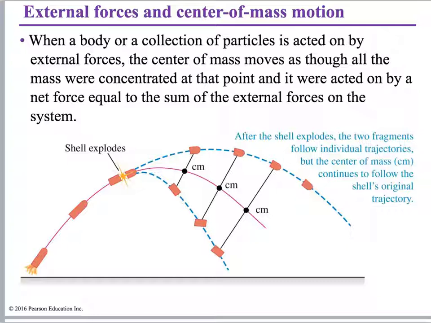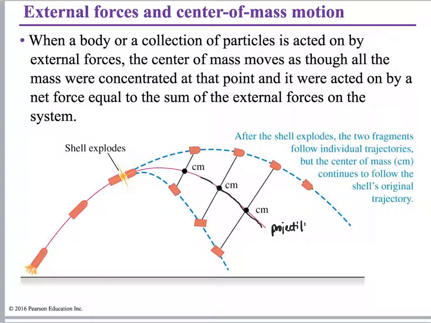Here we see a picture of this. We have a shell that's shot into the air. Notice it's going to take what we would imagine to be a projectile path. This is the path of the center of mass, the pink. But at some point it explodes. Now we have two objects that are moving differently, but the center of mass is still following the projectile path.